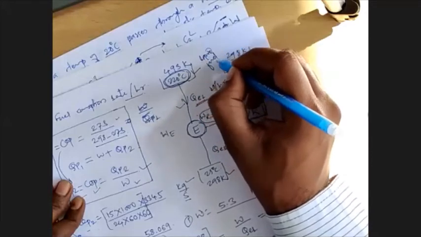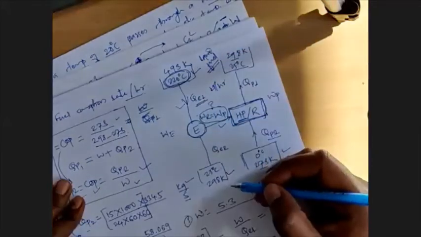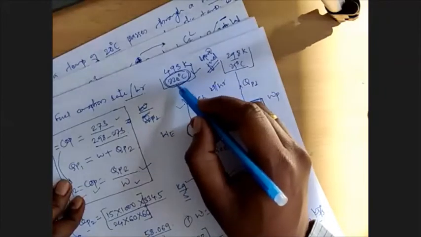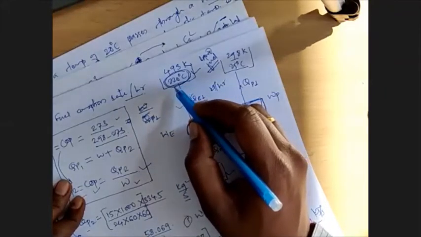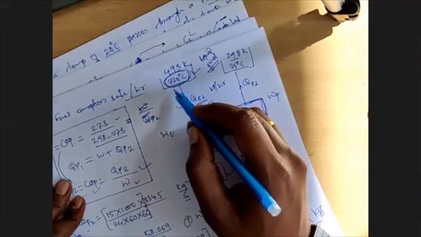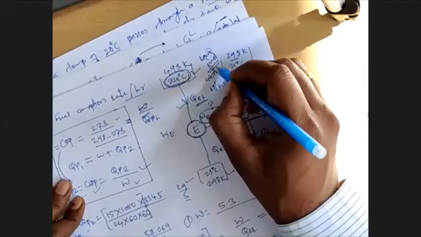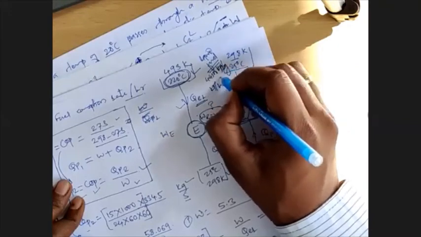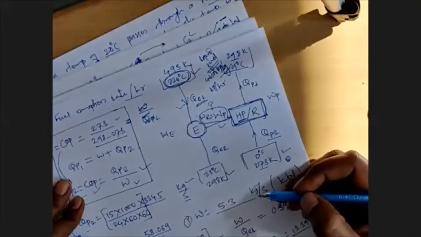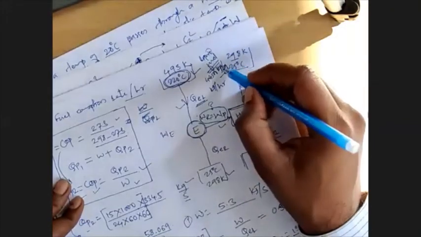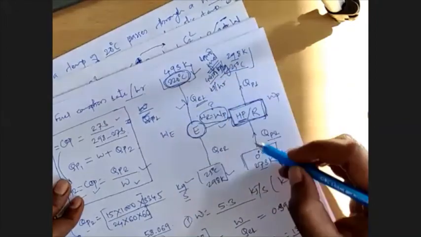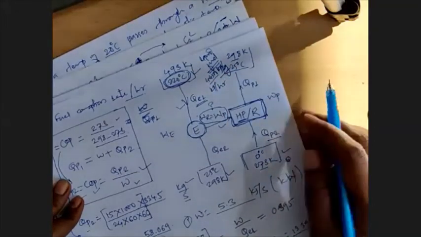Liquid fuel has been burned continuously to maintain this 220 degrees Celsius, and that liquid fuel has got a calorific value of 44,500 kilojoules per kg. Right? That is the calorific value. So when you burn 1 kg of fuel, you will get 44,500 kilojoules of energy.